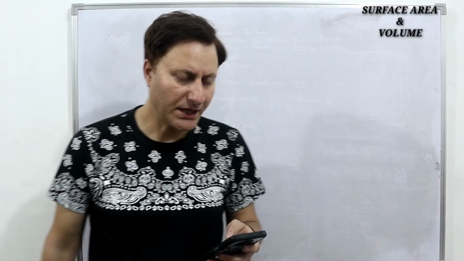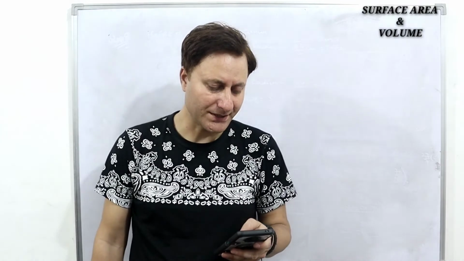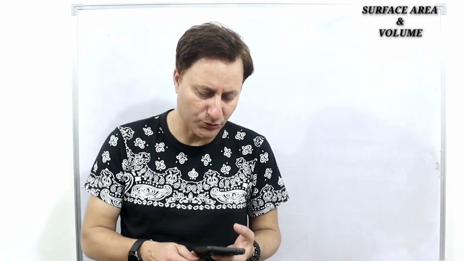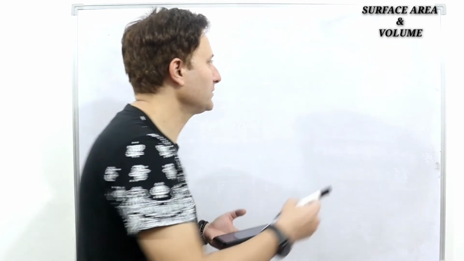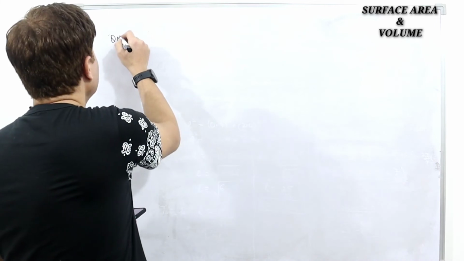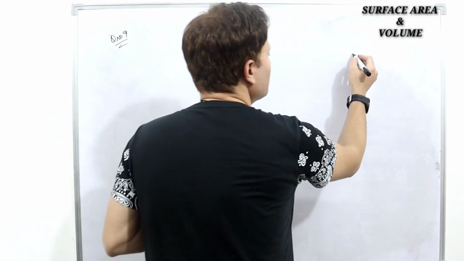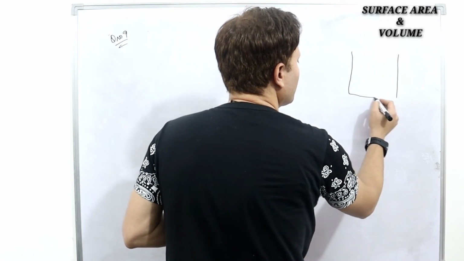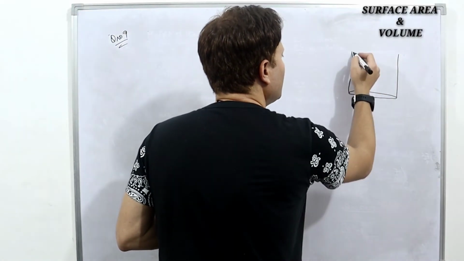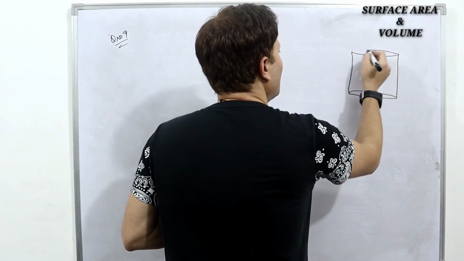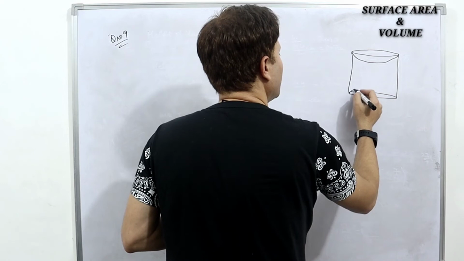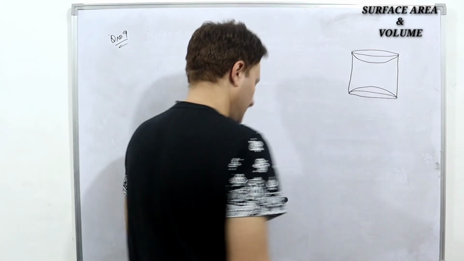Okay guys, so question number 9 and the last question of this particular exercise, it says a wooden article is made by scooping out a hemisphere from each end of a solid cylinder. So first of all, we have a solid cylinder. So let's make the cylinder, so let the cylinder be like this. Now we are making hemispheres here and here.